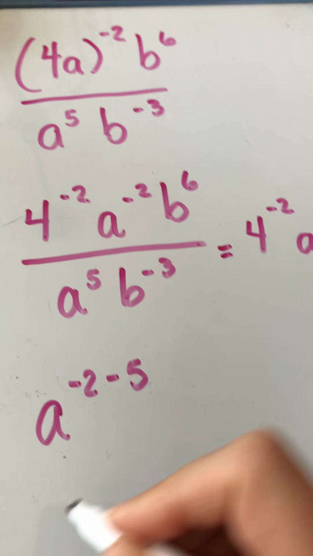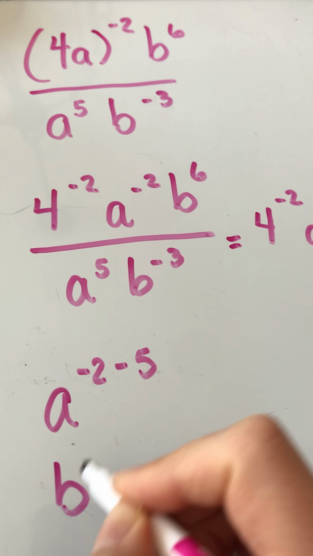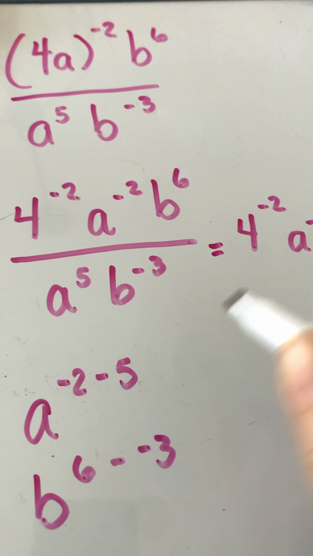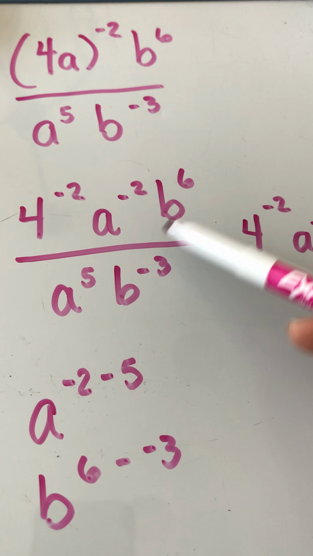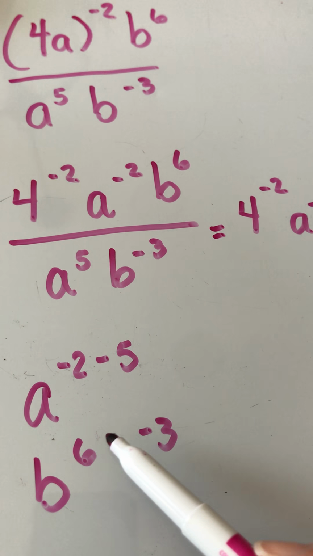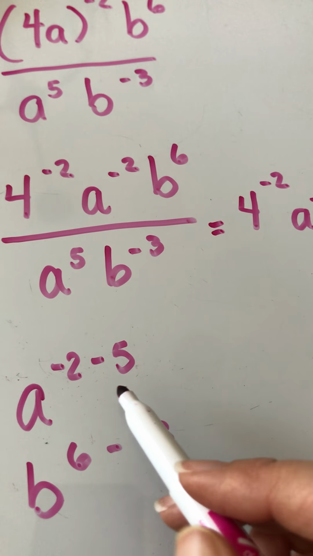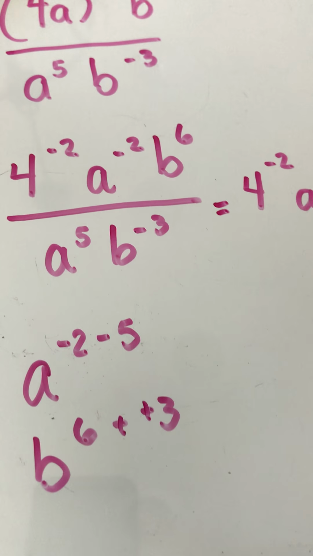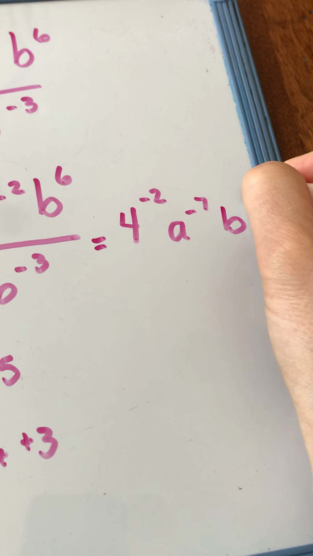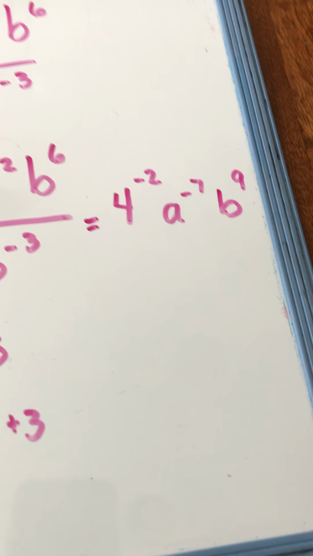And then I have b to the 6th minus negative 3. Because remember again, we subtract our exponents if the bases are being divided. So this right here, subtracting a negative, I'm really going to add them, applying keep, change, change. So 6 plus 3 will make b to the 9th power.